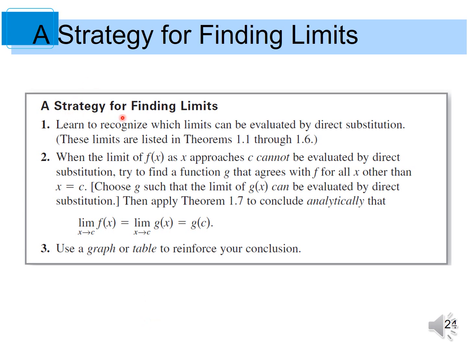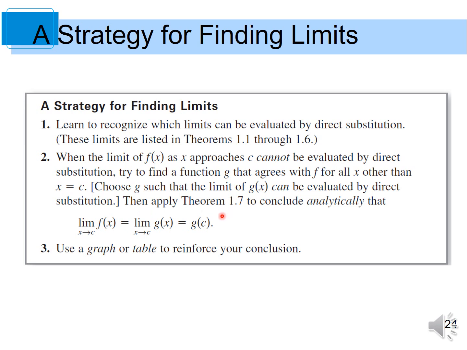A strategy for finding limits. Learn to recognize which limits can be evaluated by direct substitution. When the limit of f of x as x approaches c cannot be evaluated by direct substitution, try to find a function g that agrees with f for all x other than x equal to c.